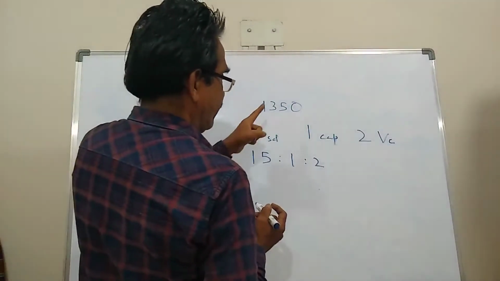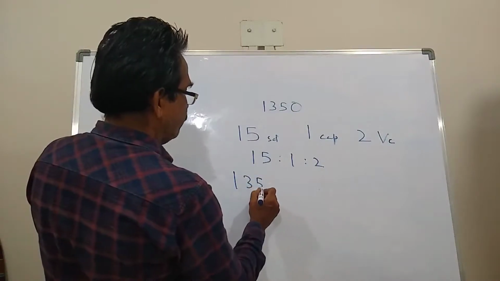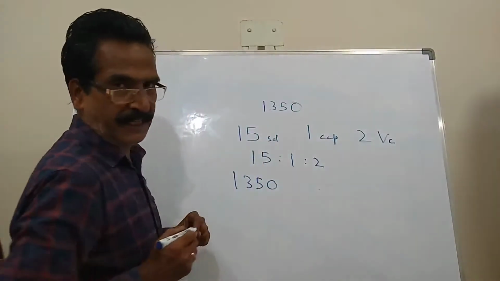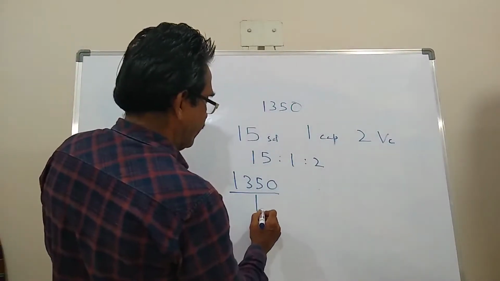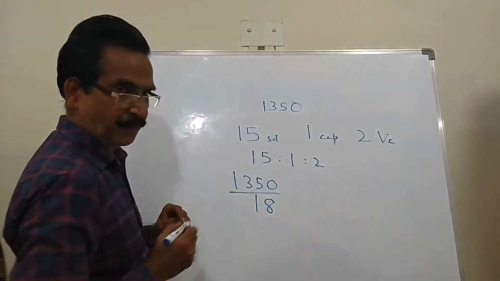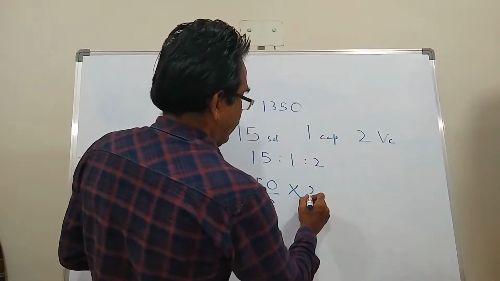So, let us divide 1350 in the ratio 15:1:2. For every 18 persons, there are two vice captains.